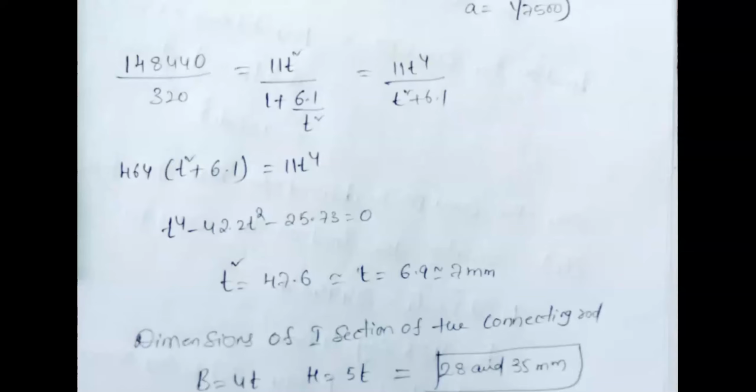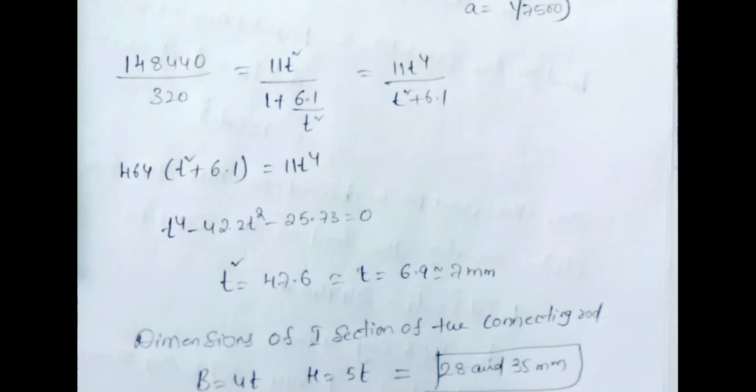In the examination, first write down the dimensions of your I section and calculate the moment of inertia, because you try to check that those dimensions are satisfactory, and only then can you go for the buckling load calculations. If these values fail, then you cannot proceed to buckling load. Please remember this point.